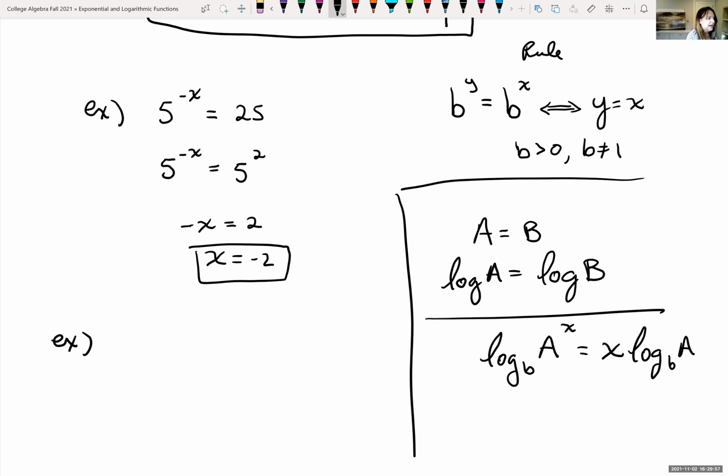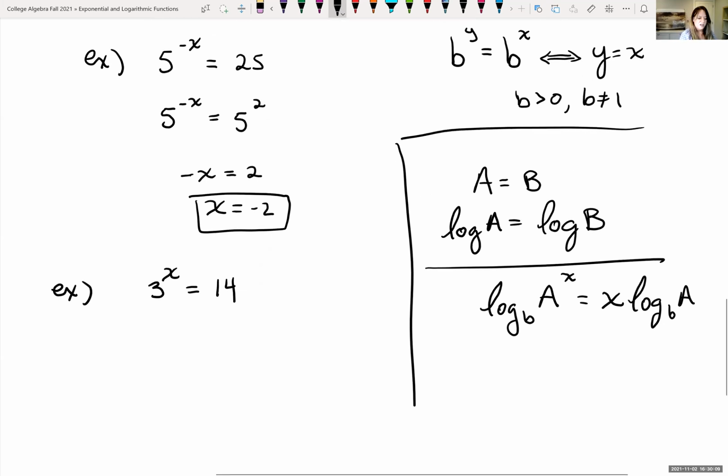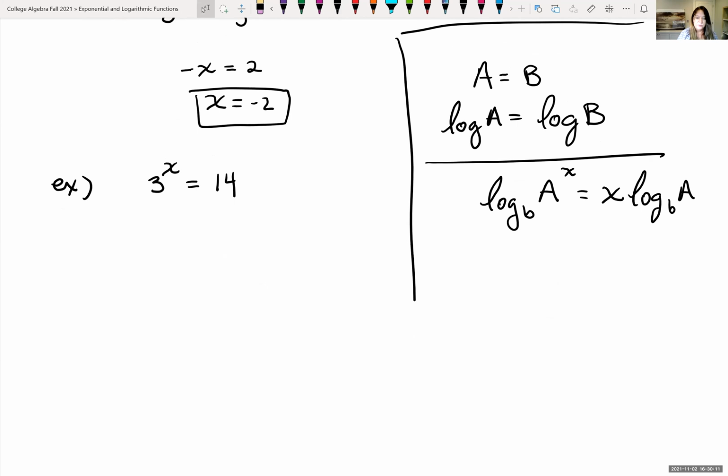So let's say that we have 3 raised to the x is equal to 14. 14 cannot be manipulated to be base 3. And so we want to use properties of logs to help us solve this. We can take the log of both sides of our equation, or the natural log of both sides. It doesn't matter which one. You're going to use log base 10 normally, or log base e.